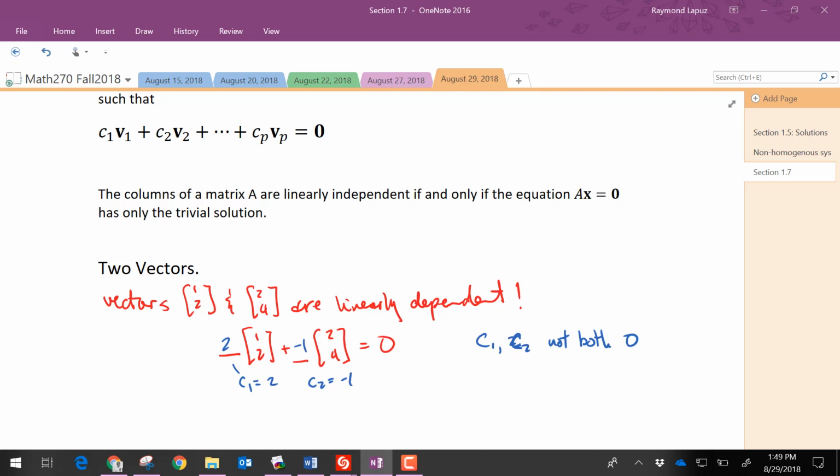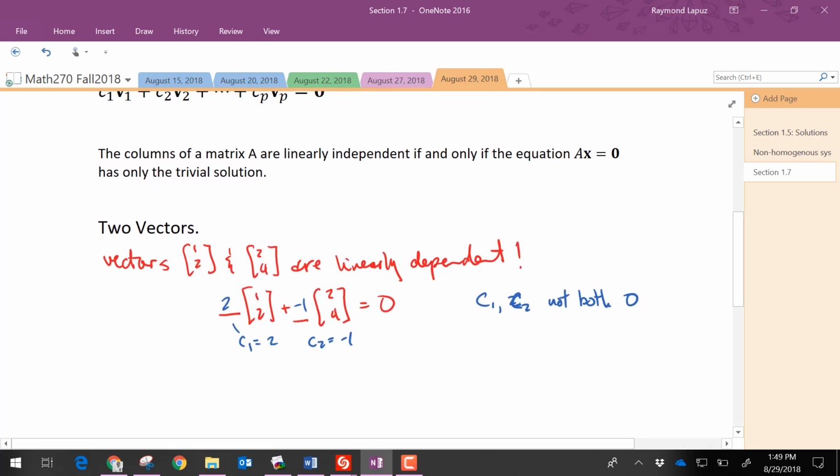Now, can you give me examples of two vectors that are independent? (1, 0) and (0, 1) are linearly independent.